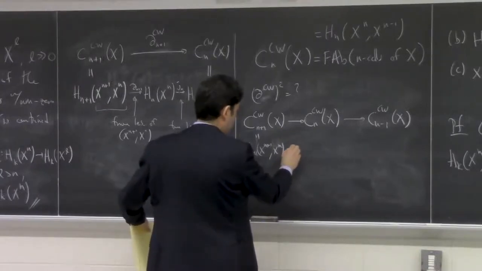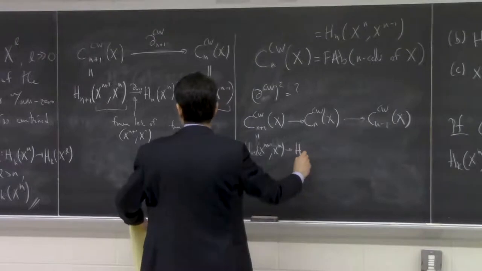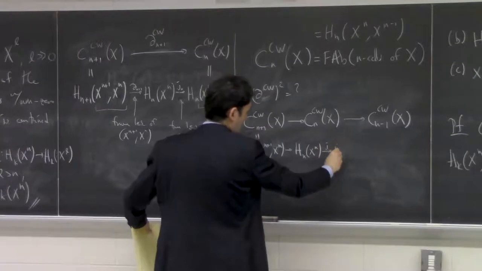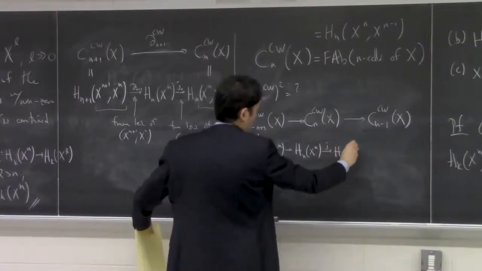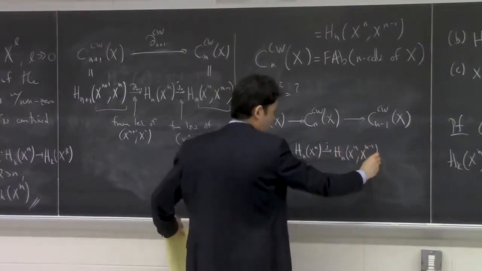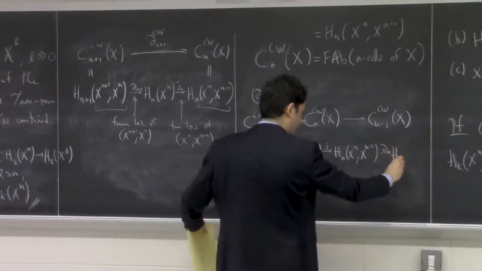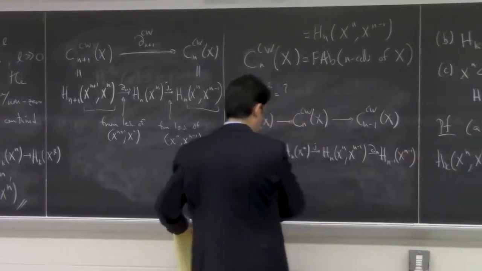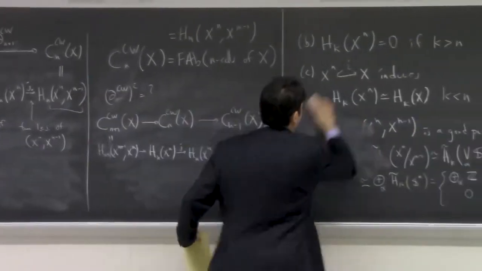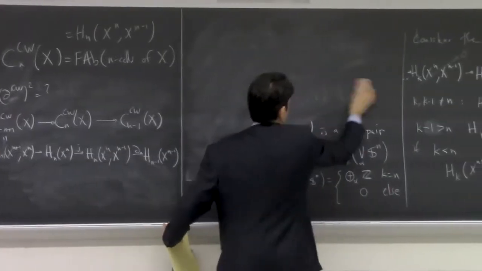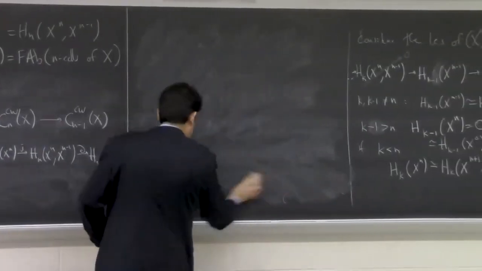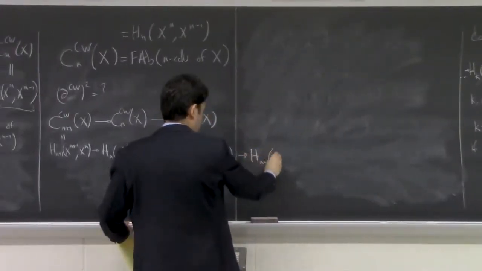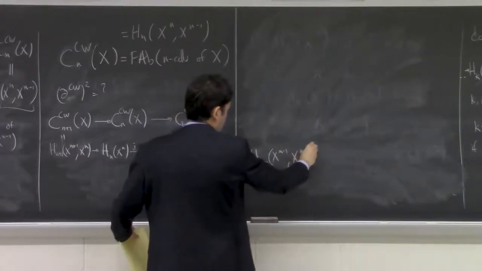This is going to map to Hn of Xn, Xn minus 1, and then Hn minus 1 of Xn minus 1, and then Hn minus 1 of Xn minus 1, Xn minus 2.